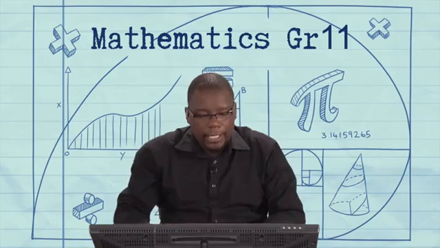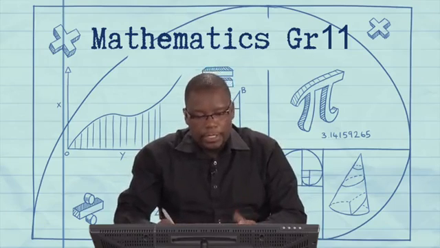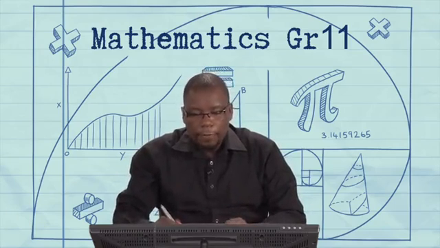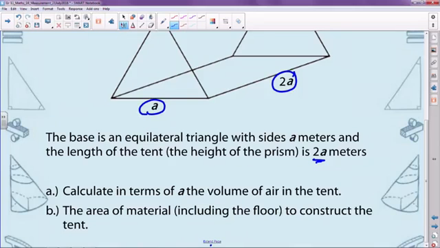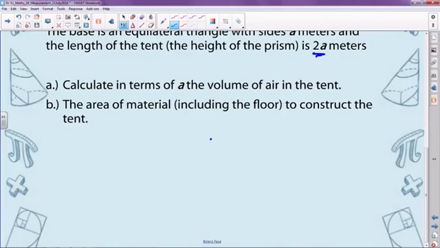All right, well done, guys. We need to calculate in terms of A, the volume of air in the tent. And remember, the volume is given by area of base times height h.